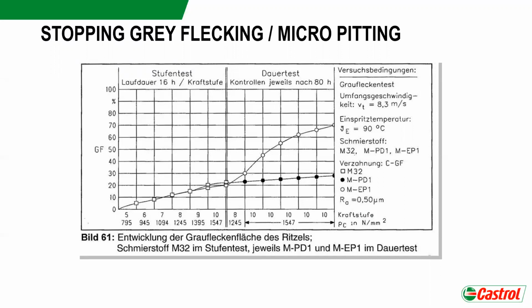And we ended up at roughly 70% of the surface being affected by micro-pitting. Whereas with the PD product, the damage progression was severely slowed down. And while we had 22, 23% pre-damaged area in the beginning, we ended up at only 28% in the end. This clearly, again, separates the performance of the PD technology from conventional ones, even though on the data sheet they look the same. Next slide, please.